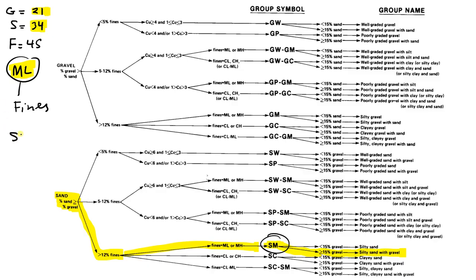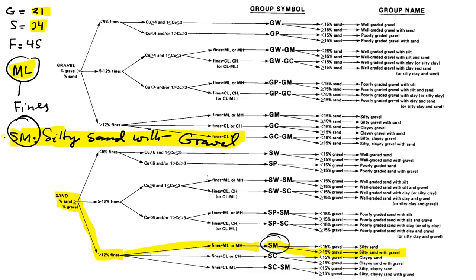So our classification is SM, and it is silty sand with gravel. So this soil in our example number 3 is silty sand with gravel, and the symbol is SM.